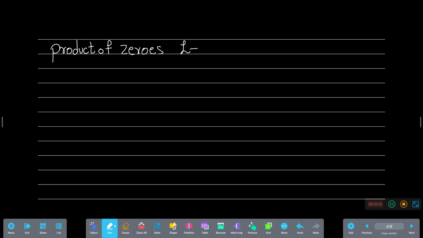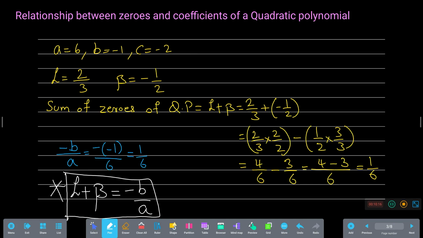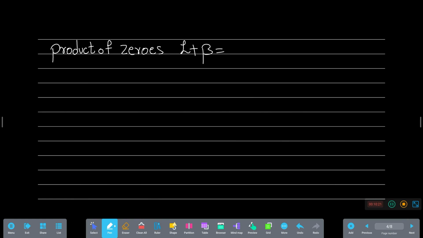Product of zeros, that is alpha into beta. What do we have? Alpha is 2 by 3 and beta is minus 1 by 2. The product is multiplication, 2 by 3 into minus 1 by 2. Plus into minus is minus, 2 on the 2, 3 to the 6.